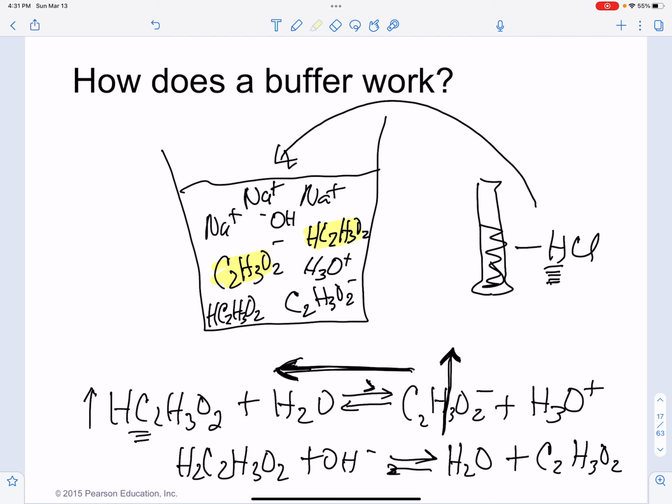But it will also react with this. This is a base also. So by adding the hydrochloric acid, now you're going to consume the acetate in addition to the water, so both of them will be consumed.